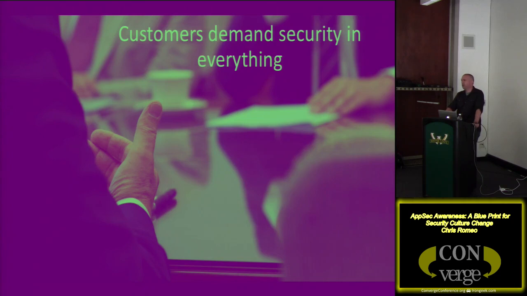Our data is not that important. We're more into availability and making sure that the systems are always up and they never go down. But if you lose the data, it's okay. No, everybody is fired up about security now from a customer perspective. They want to ensure that you have the right security features and functionality and process, and a lot of times they want you to prove it to them.